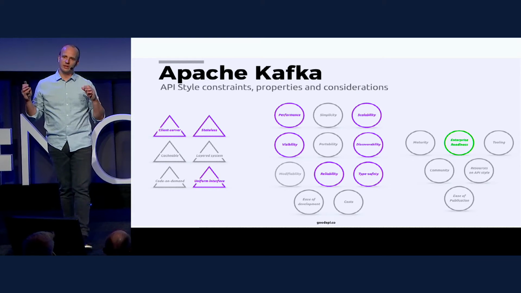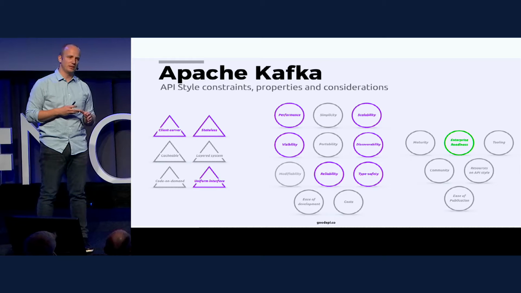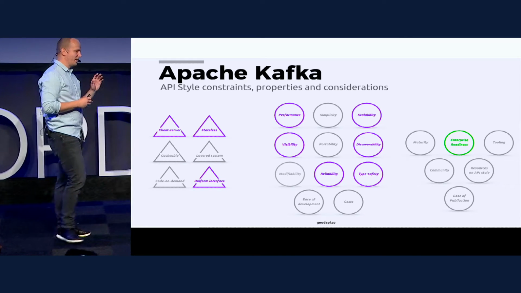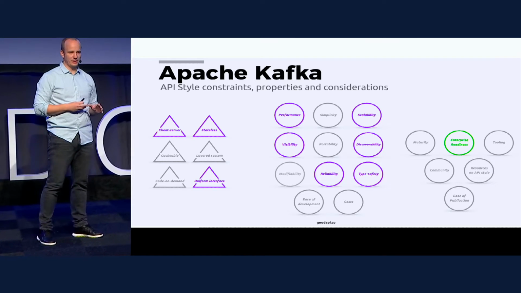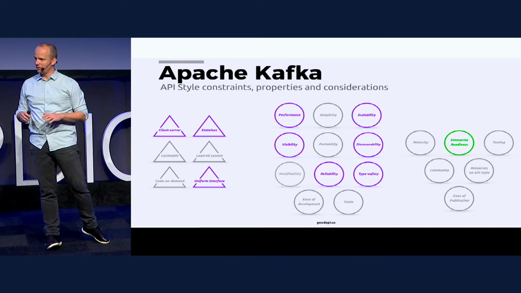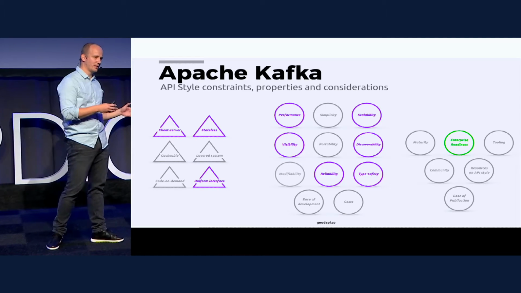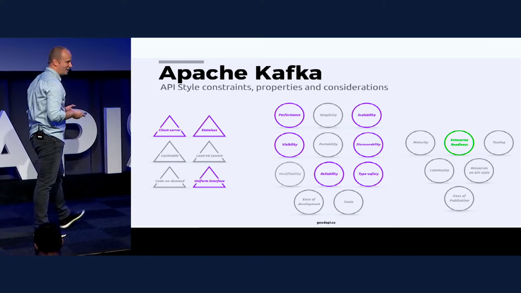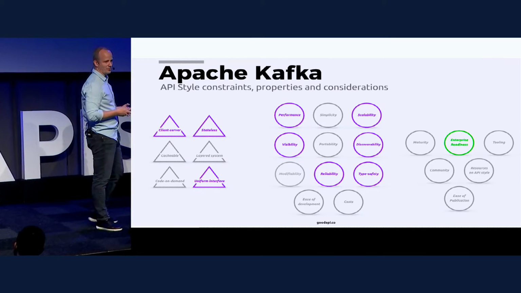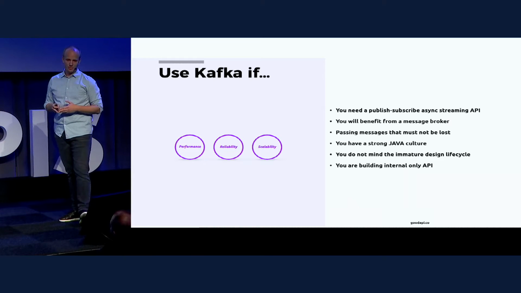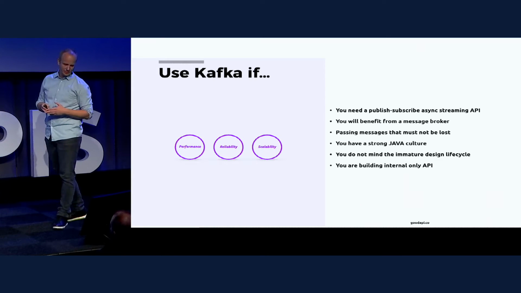If you need publish-subscribe capabilities, and you need it blazingly fast, reliable, scalable, Kafka is amazing, except it has a few problems. It's heavily based on Java. You have to have Java knowledge. So if you are a Node.js shop, it will be harder for you to pull off. It's not all that great if you need to externalize that interface. There are ways to do it, but probably not the best thing right now.